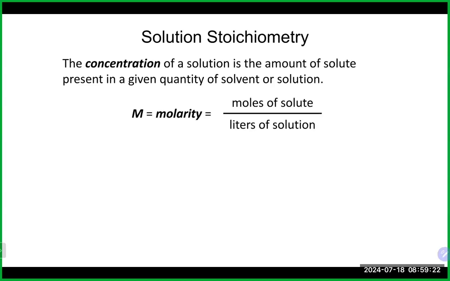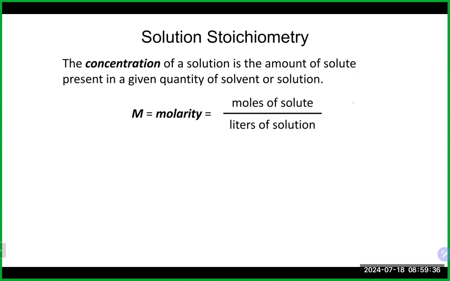So when we talk about solutions, like I said, one of the most common units of concentration of a solution is molarity. And molarity is the moles of solute over liters of solution. Molarity is abbreviated with a capital M, and a lot of times people just say moles per liter. You could think of molarity as like a formula, just like density.